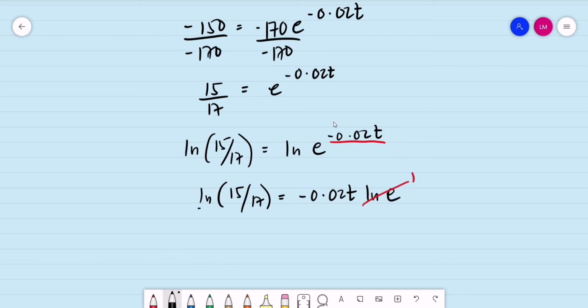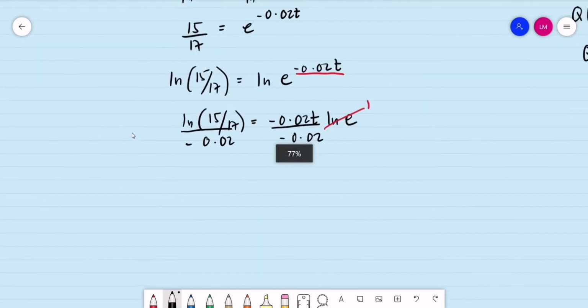We are now dividing both sides of the equation by negative 0.02, then computing for the time.